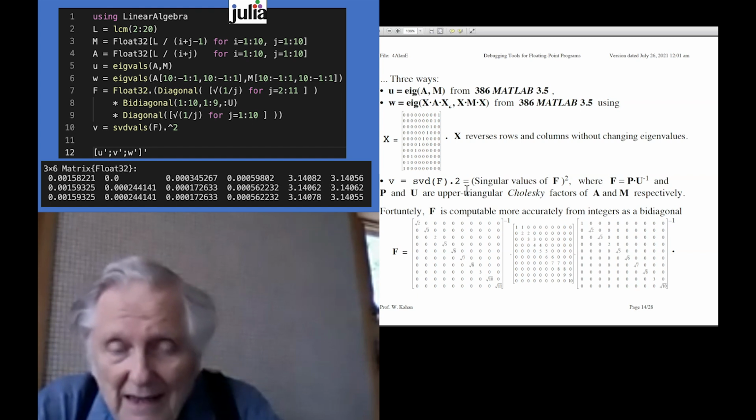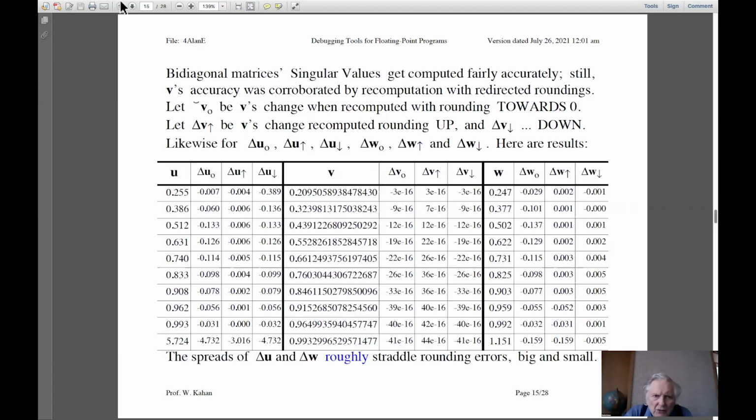But it turns out to be an interesting thing, because the computation U, that's doing it the way I described, where we factor the matrix and so on, W does the same factorization, except that the rows and columns are reversed. And V is this bidiagonal matrix whose singular values turn out to be rather convenient.